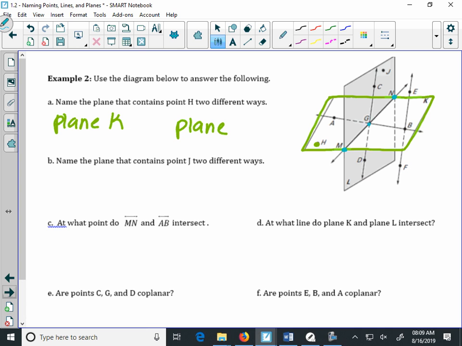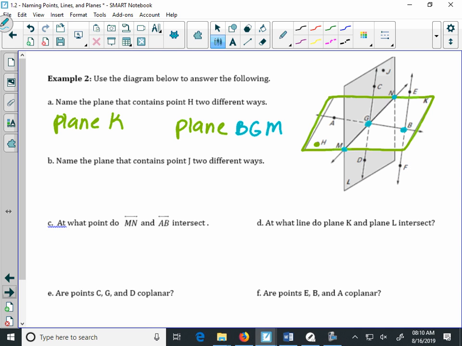G's inside, it's touching it. What is it? B, G, what? M? Those three are all inside or touching that plane, and they're not on the same line. B's just like A, so we're going to skip B.